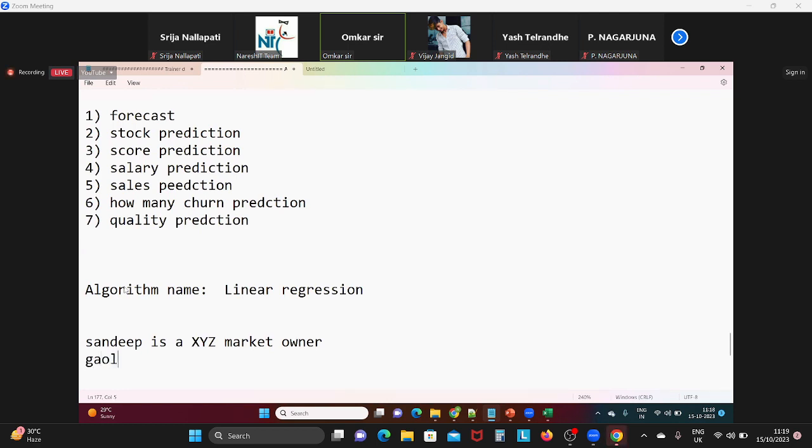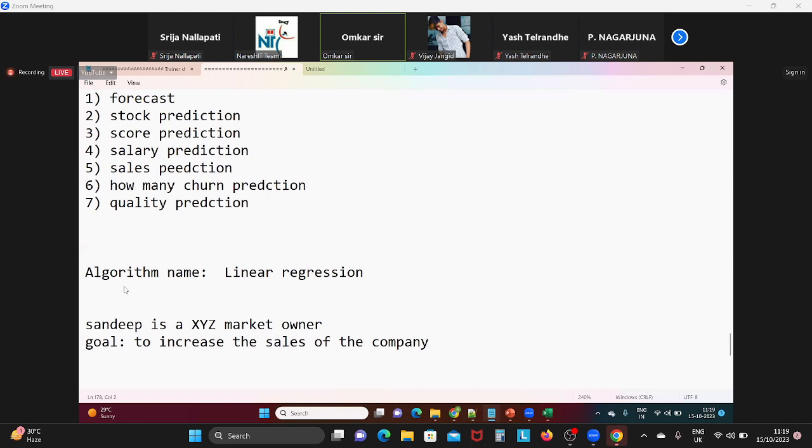Think like you are a manager, really a manager, then only you'll understand data science. That is the beauty. We should be in those shoes. The main goal is to increase the sales of the company.